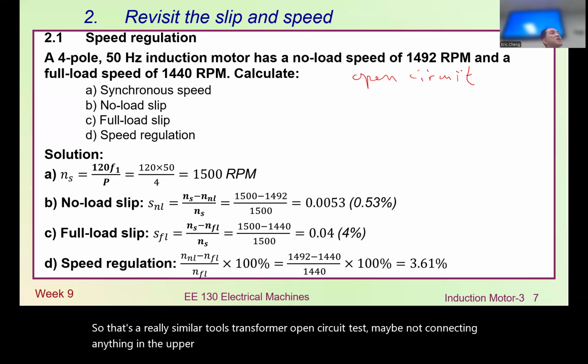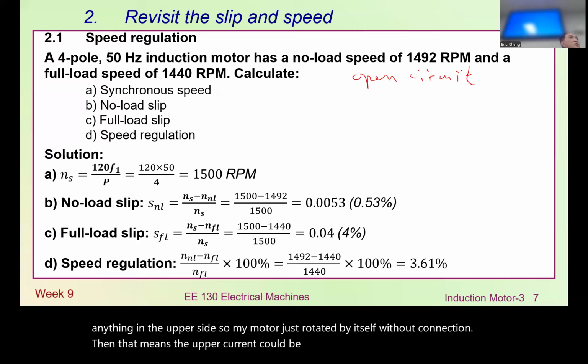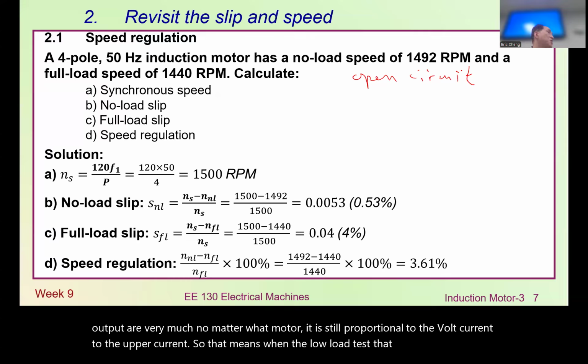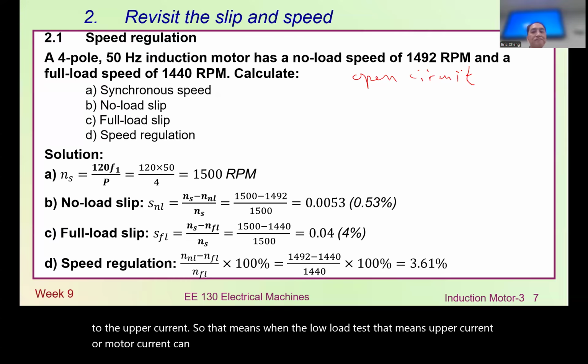So when a motor just rotates by itself without connection, the output current could be quite small, because we all know that the output torque, no matter what kind of motor it is, is proportional to the motor current. So in the no load test, the motor current can become negligible.